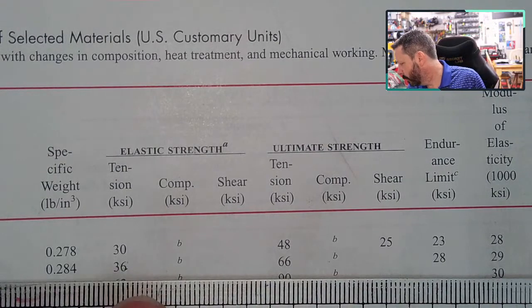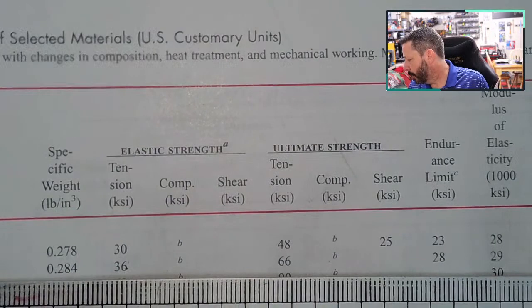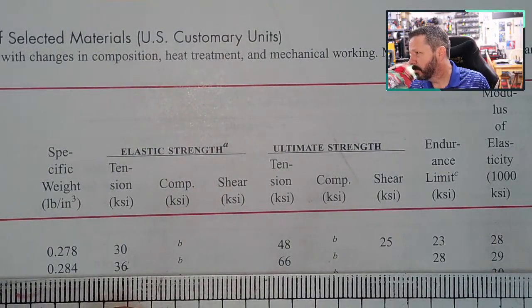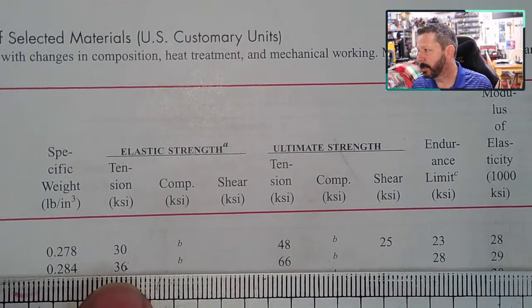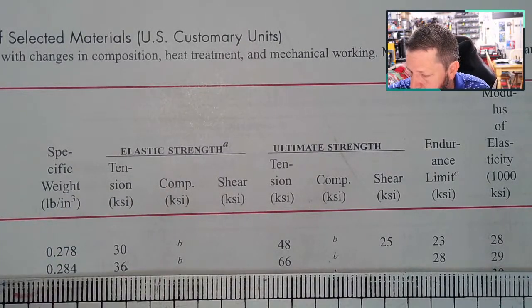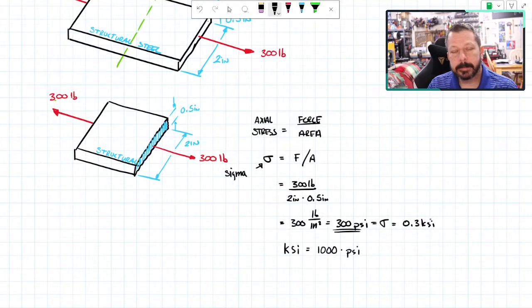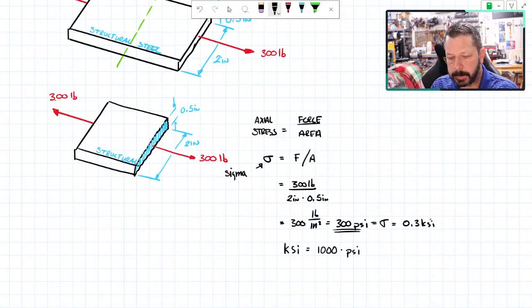We have structural steel, tensile elastic strength of 36 KSI. So let's write that on our deal over here. That elastic strength is also called the yield strength.